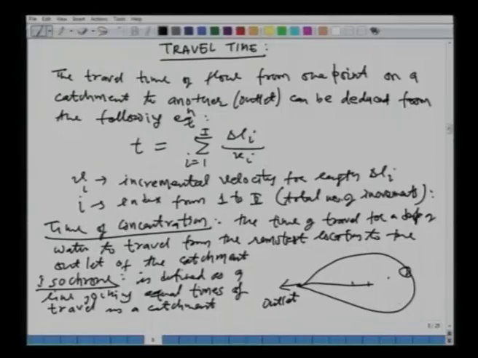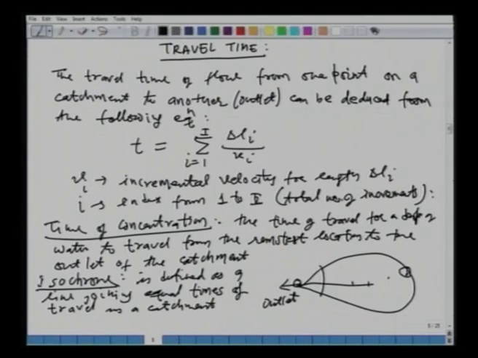If you look at this catchment which we have drawn here, let us say this is your outlet. We want to draw a line from where the time of travel is the same. Any drop of water that falls on this line or close to it will take, let us say, 1 hour to reach the outlet.